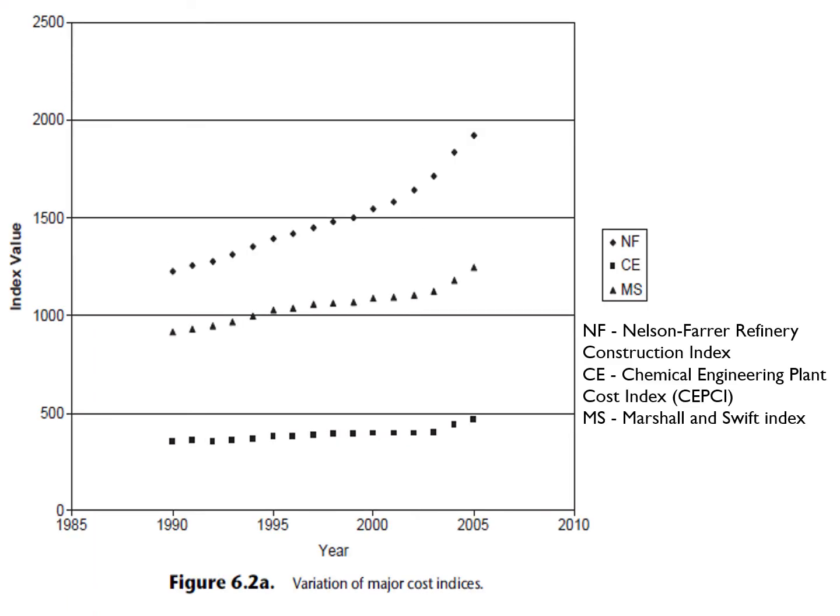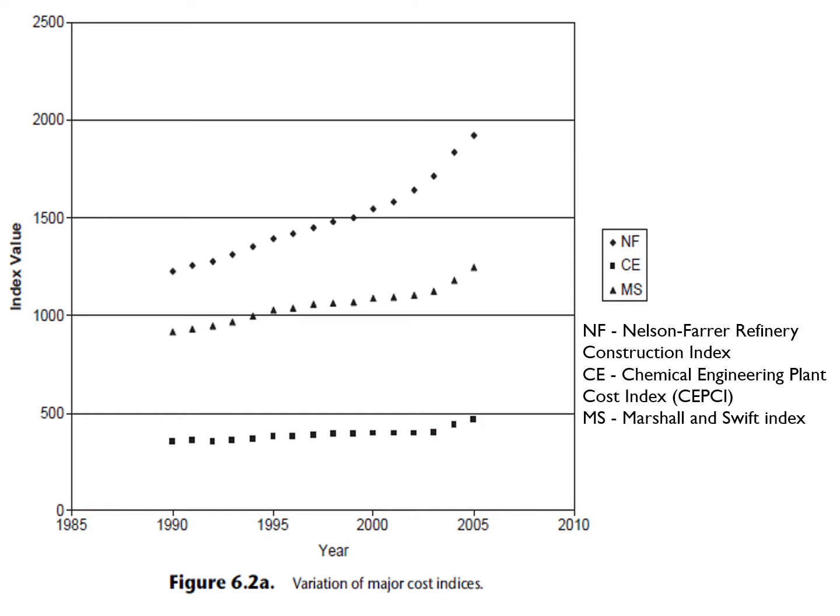Okay, so these are the types of index that are available. The other type is the Nelson-Farrar Refinery Construction Index. So basically we have 3. Every year the index is changing and increases from year to year.